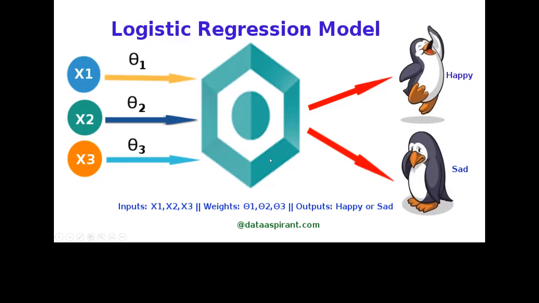So what happens here is the data is fit into a linear regression model, and then it is acted on by a logistic function, which predicts whether it's 0 or 1, or happy or sad, and the output value ranges from 0 to 1. So this is logistic regression.